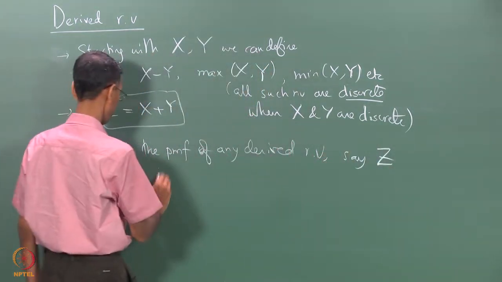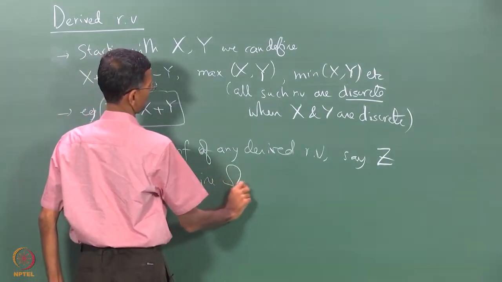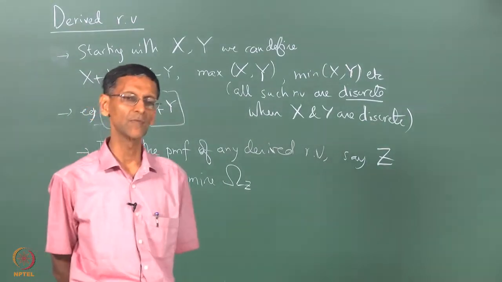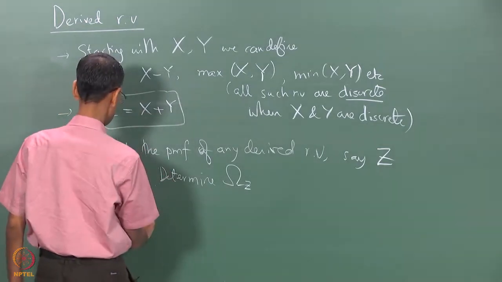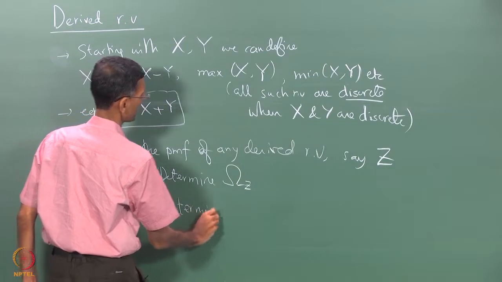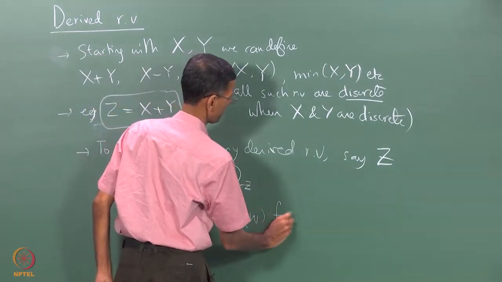For z, let us say, you must determine the range, or the set of numbers, in which z takes values. The second step of course is to determine the probability that z takes some value in that set.